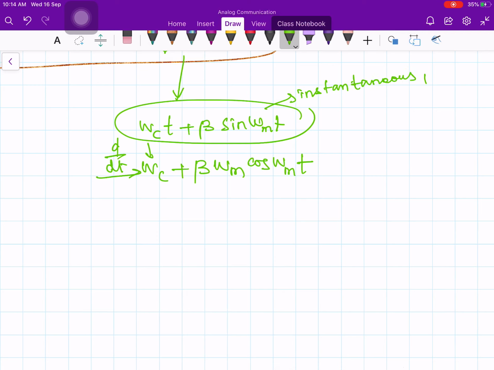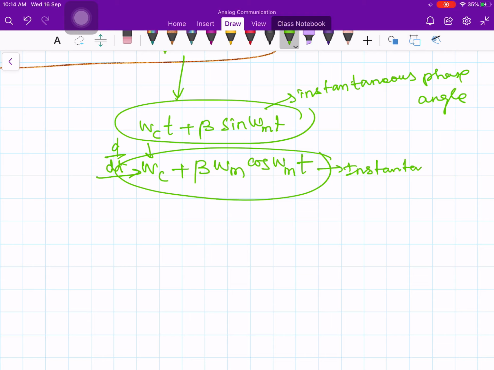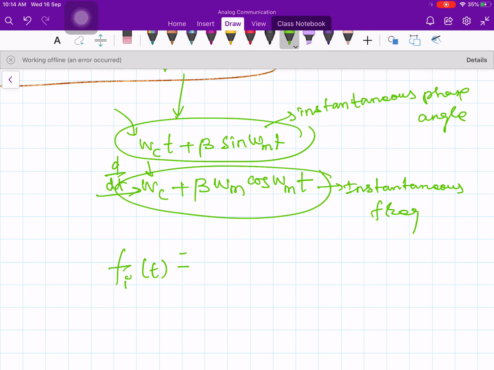Instantaneous phase angle. And what about this? Instantaneous frequency. So your fi of t, this is denoted by theta i of t, and this one is fi of t.